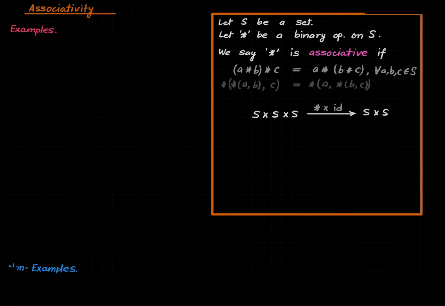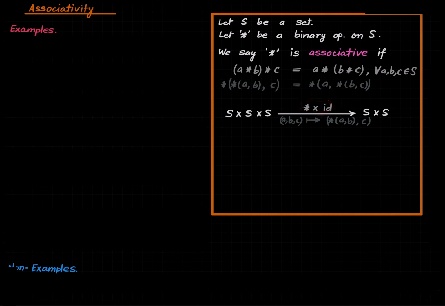So A, B, C, I think we need a longer arrow. A, B, C will be mapped to star of A, B comma C. That's what I meant. So when I wrote that, I'm just parsing that. Although if you know your set theory, you already knew what that meant.